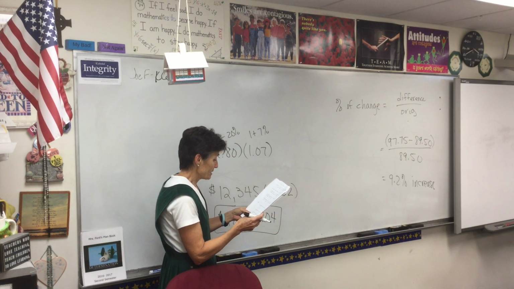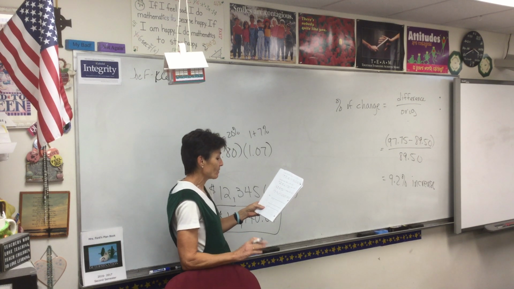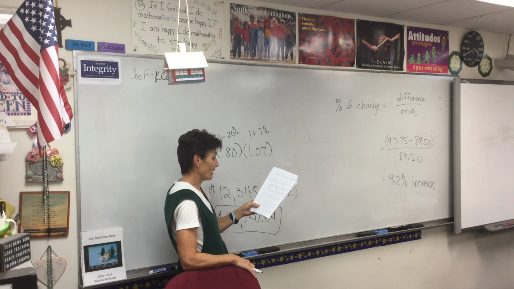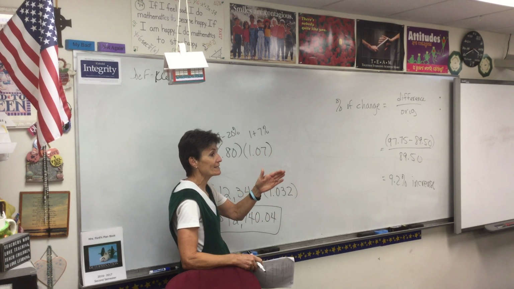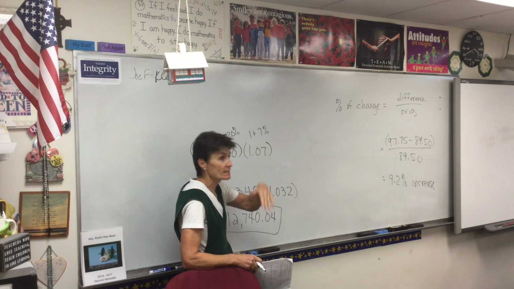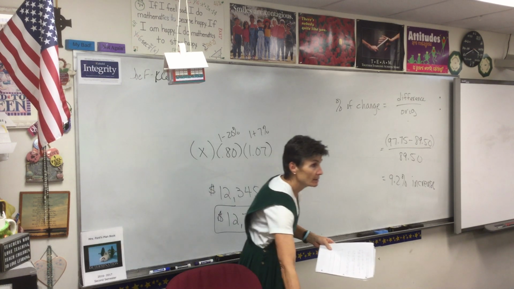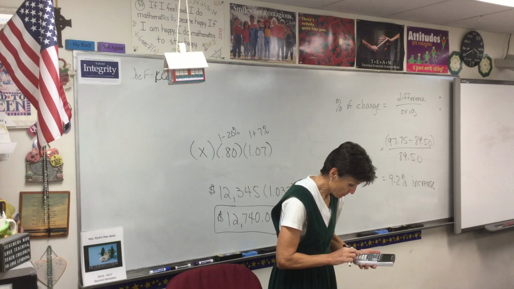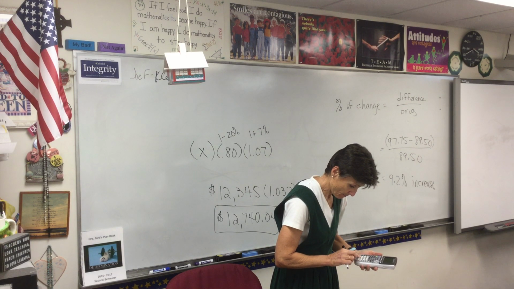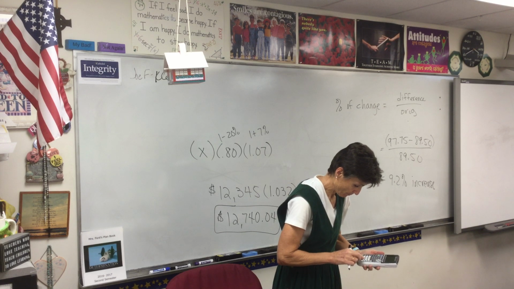All right, letter C. So one way or the other, see if you can find the percent of decrease. This is exactly the same thing, only the numbers are going down instead of coming up. So see if you can find the amount of decrease.